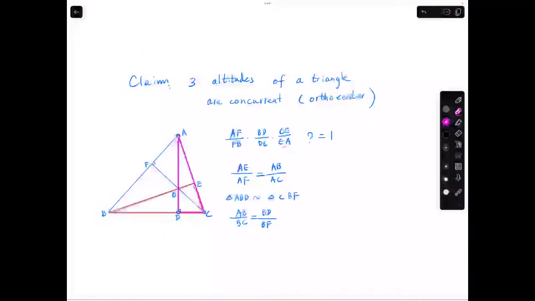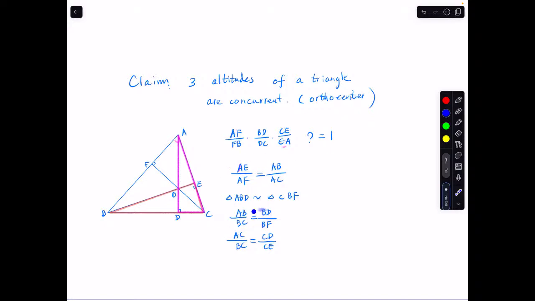Okay, they're similar, which means in this case we're gonna have AC over BC is gonna equal CD over CE.